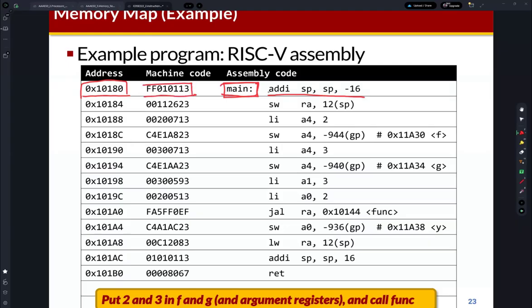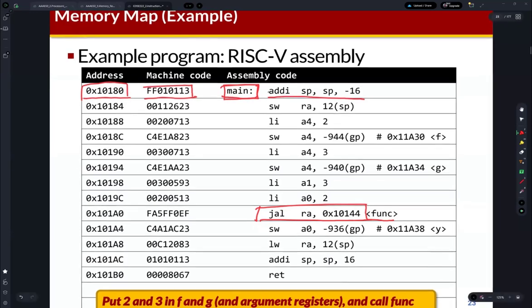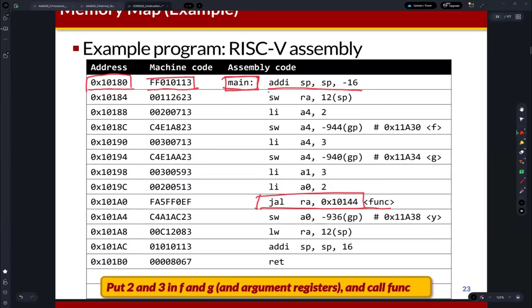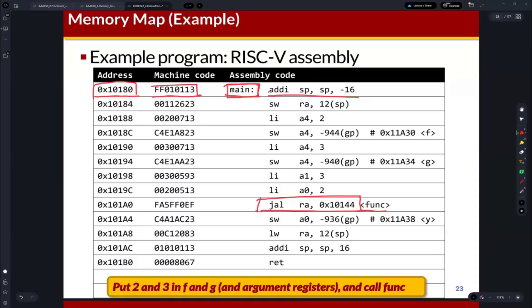And then the main function actually calls the func function. So actually this is the call. We will learn about this instruction later. But in this example, I hope you can understand how the instructions are executed in a real computer system.